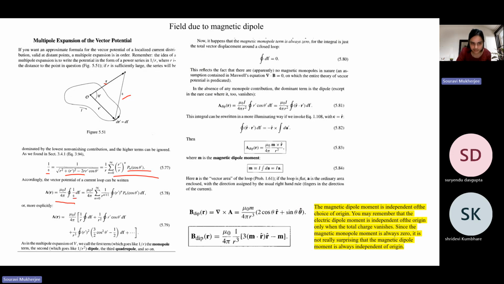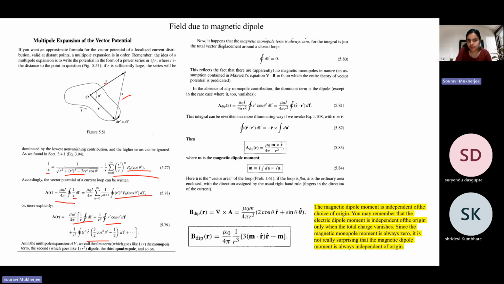Then we expand it in terms of the series, so you get individual terms in the expansion, where the first term is called the monopole, the second term the dipole, the third term a quadrupole, and so on. As you can see, because it's a closed loop, the first term will always go to 0. This again tells us that no monopoles exist.